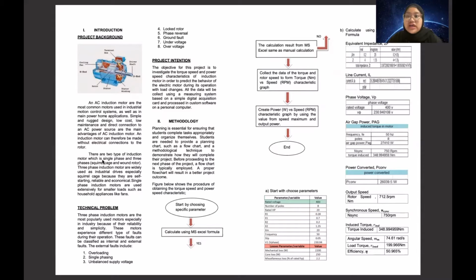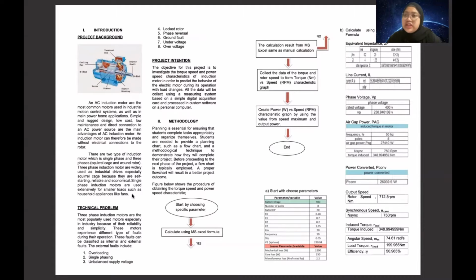So there are two types of motor, which are single phase and three phase. There are also smaller loads such as household applications like fans.